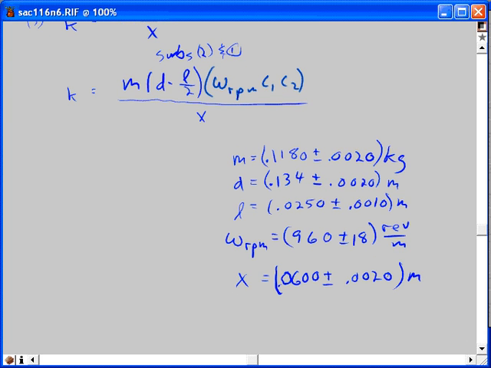And the C1 and C2 that appear in there are exact values. C1 is exactly equal to 2 pi radians per rev, and C2 is equal to exactly 1 over 60 minutes per second.